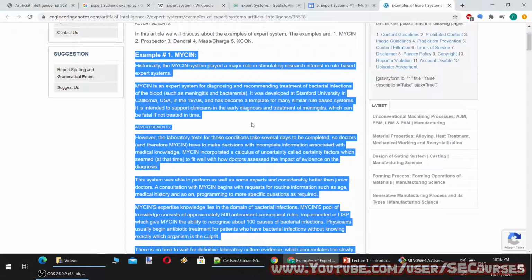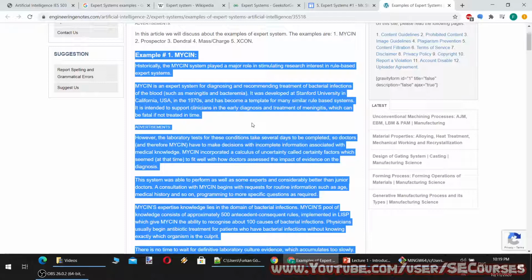Example number 1. Mycin. Historically, the Mycin system played a major role in stimulating research interest in rule-based expert systems. Mycin is an expert system for diagnosing and recommending treatment of bacterial infections of the blood, such as meningitis and bacteremia. It was developed at Stanford University in California, USA, in the 1970s, and has become a template for many similar rule-based systems.